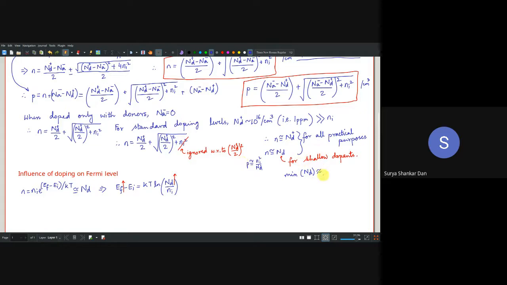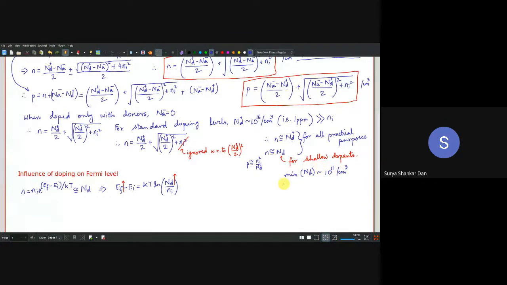So what should the minimum doping be? The minimum of ND will be at least one order higher than the thermal concentration. If Ni is 10 power 10, then unless you are working at very high temperatures, Ni will remain roughly in the same order. So the minimum doping concentration will be in the order of 10 power 11 per centimeter cube.